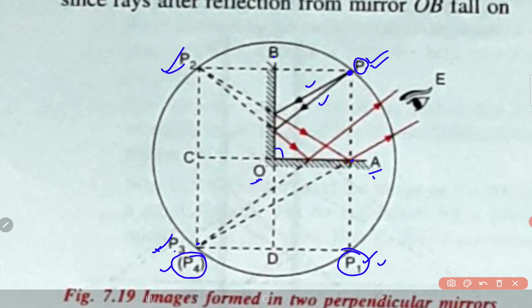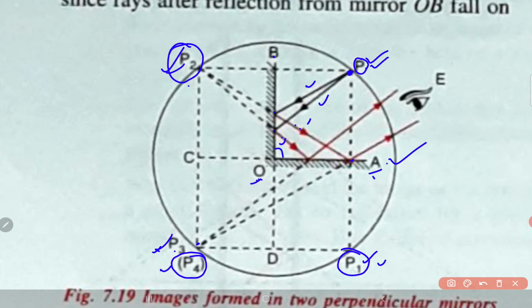For that, a diagram is shown, 2 rays are taken, and they strike this mirror at these positions, and thus reflection occurs. When the reflection occurs, you can see with the red lines, we can produce them backwards, and thus another image P2 is created here. Now P2 acts as an object for the mirror OA.